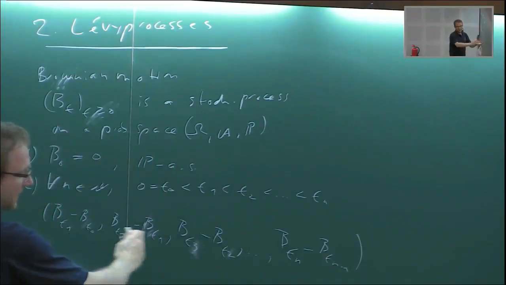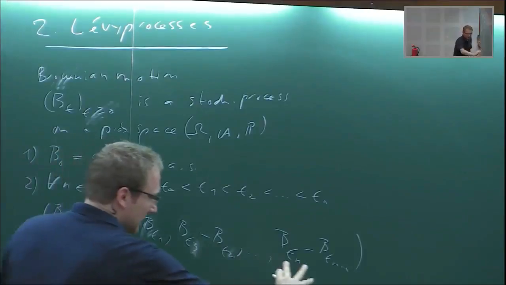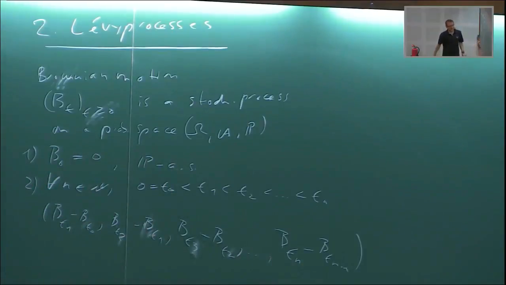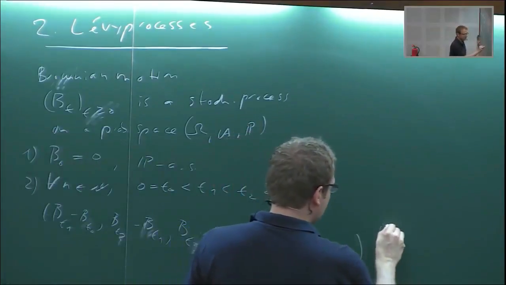So this is a family of random variables, and these random variables are independent.